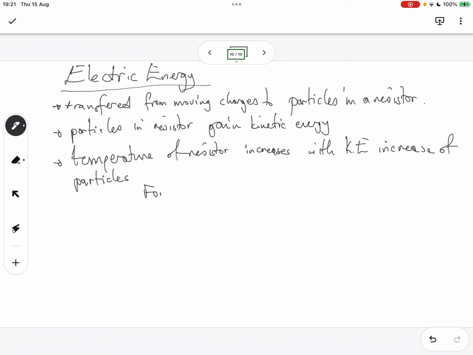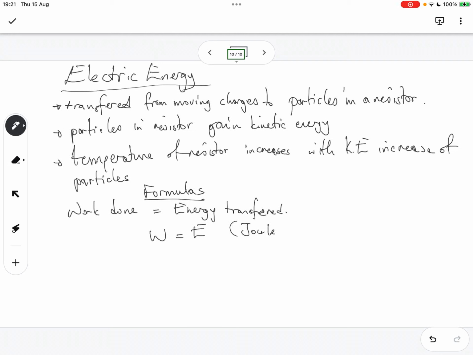energy, electrical energy. And it's that work done equals energy transferred, right? So work done is the same as energy transfer. And this simply means W equals E, and the units for that are joules.